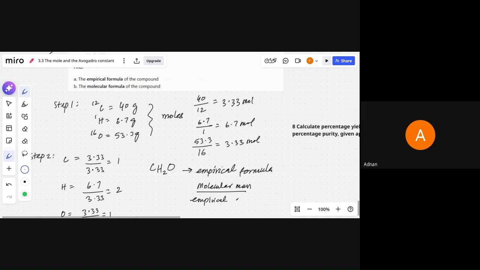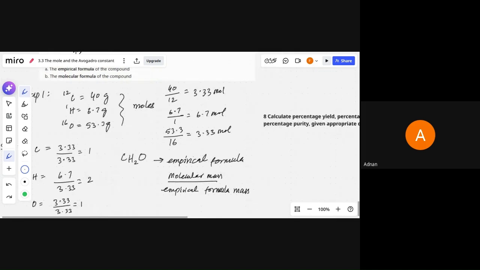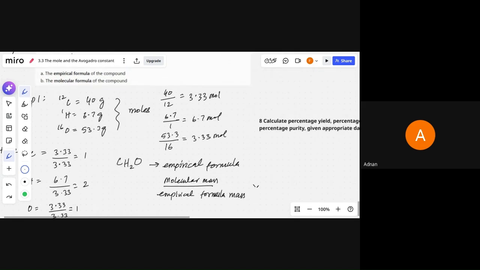Empirical formula mass. And yeah, so now let us put the values. And times the empirical formula. This is the formula, right?